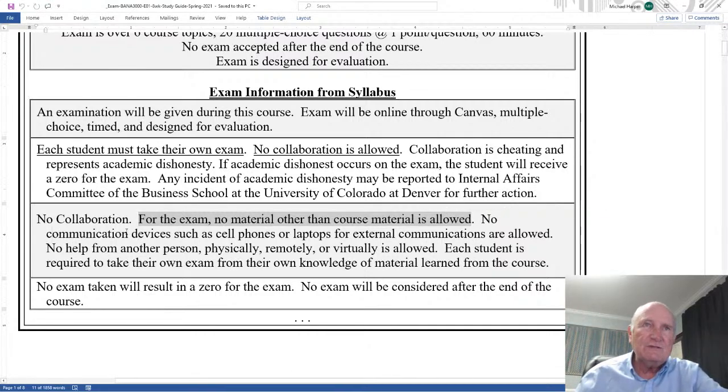No communication devices such as cell phones or laptops, and no external communications are allowed. No help from another person, physically, remotely, or virtually is allowed. And each student is required to take their own exam from their own knowledge of material learned from the course. No exam taken will result in a 0, and no exam will be considered after the end of the course.